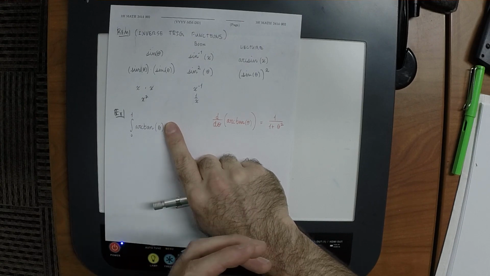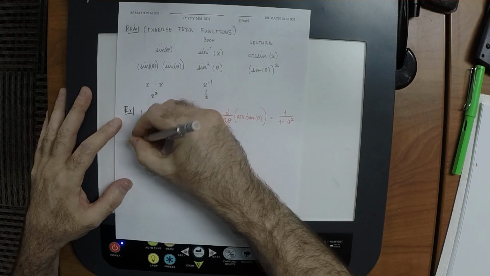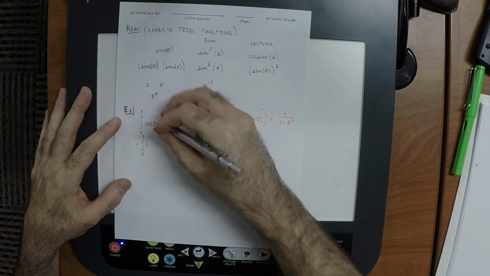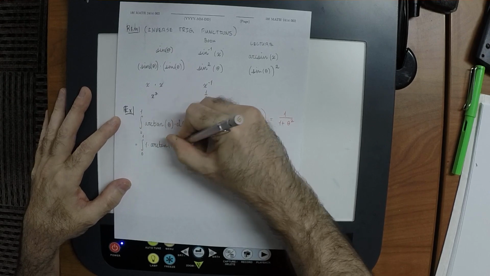So what did we do in the case of logarithm? We considered it to just be 1, right? So you could say, integral 0 to 1, and then I'll write the implied 1 there, arctangent of theta d theta.